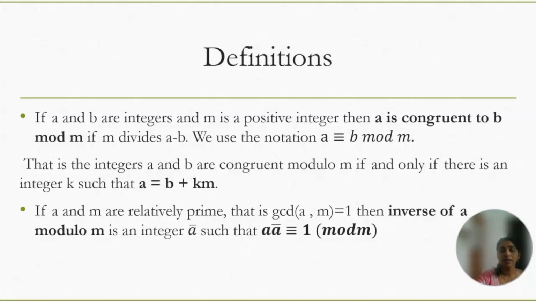That is, B is actually the remainder obtained when M divides A.